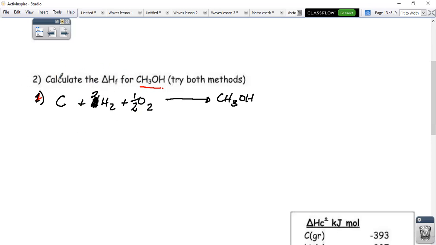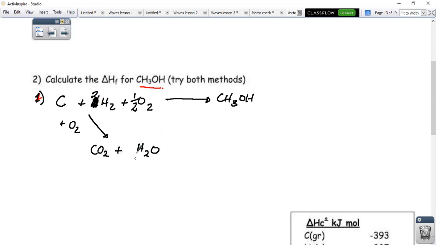Now, because this is method 2, I'm looking at enthalpies of combustion. So if I combust this stuff here, meaning I react it with oxygen, what do I get as my products? Carbon dioxide and water. Well done. And I get water as well. Now I've got 2H2 here.